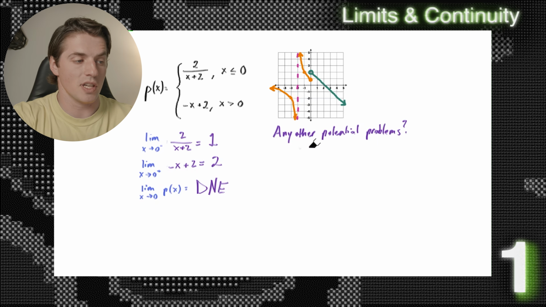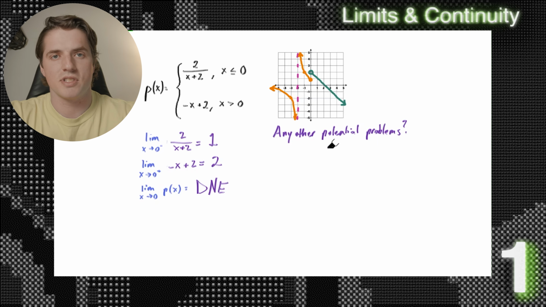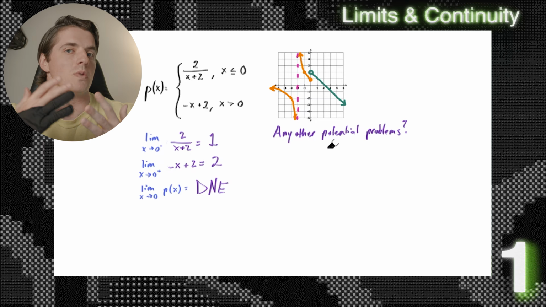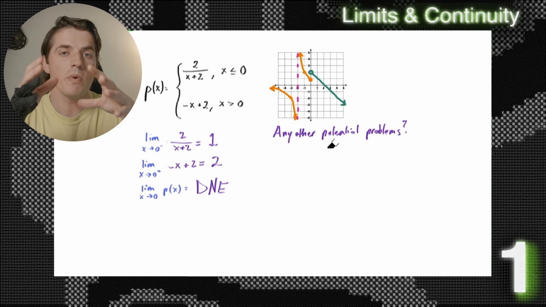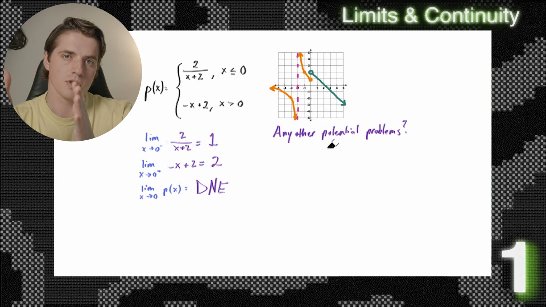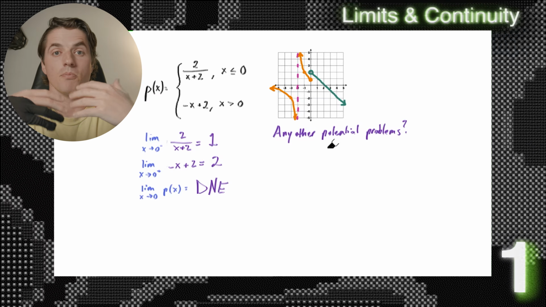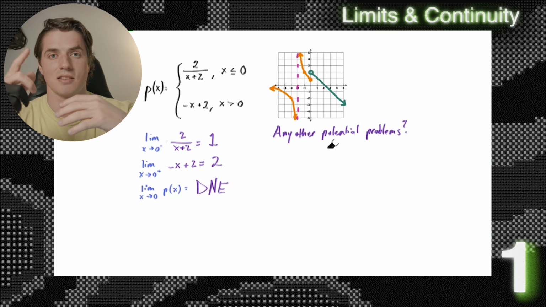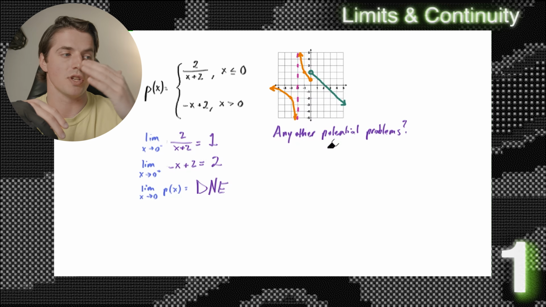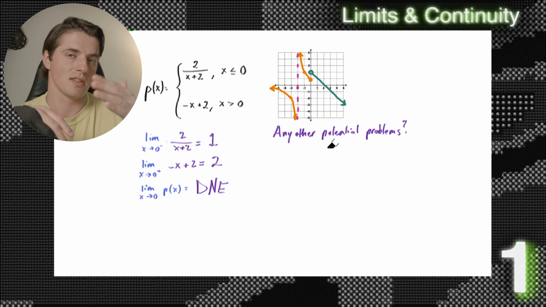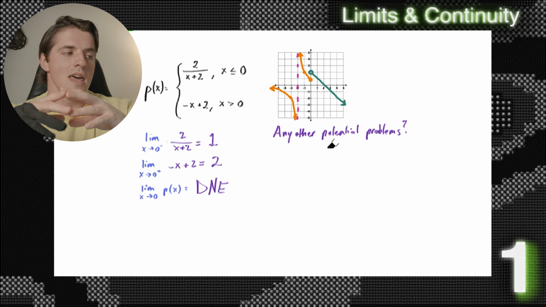Okay, and finally, are there any other potential problems? Is there anywhere else we might not have a limit? What we were checking was the border between each function, like in the last example where we had 3. We checked the border between the first and the second and the third.